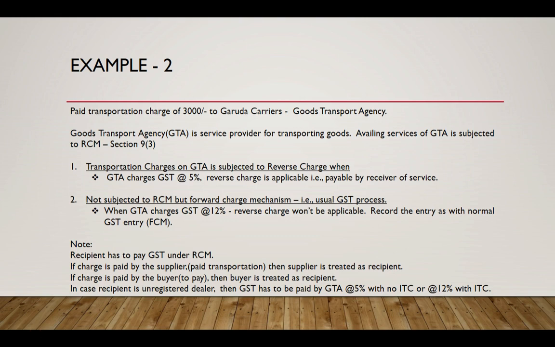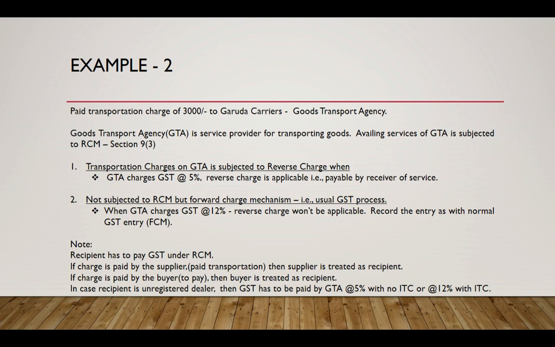Alright, so now let's discuss this example transaction which is on your screen. In this transaction, we paid rupees 3000 towards transportation services from Garuda Carriers, which happens to be a GTA. And availing service from a GTA falls under the concept of reverse charge mechanism.